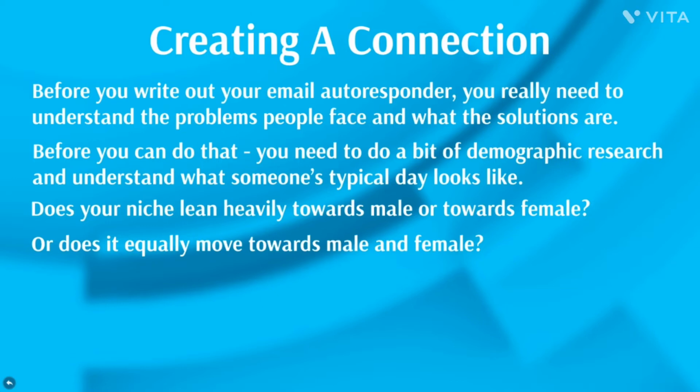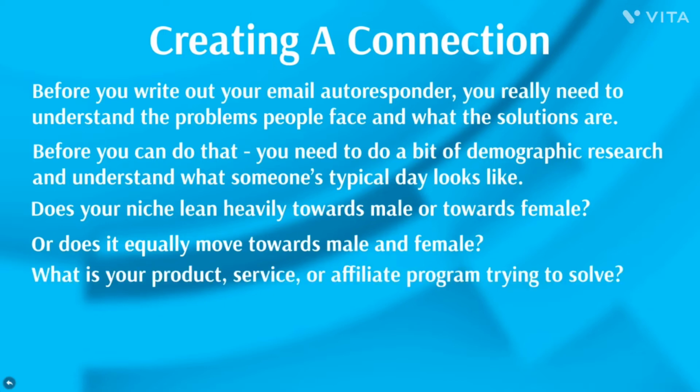But even 75%, you're kind of moving towards that 50% so that it's both male and female. But if it's heavily towards males or heavily towards females, 80% or above or 90% or above, then you want to jot that down. The next question is, what is your product or service or affiliate program trying to solve? So let's pick a niche. For example, survival niche.